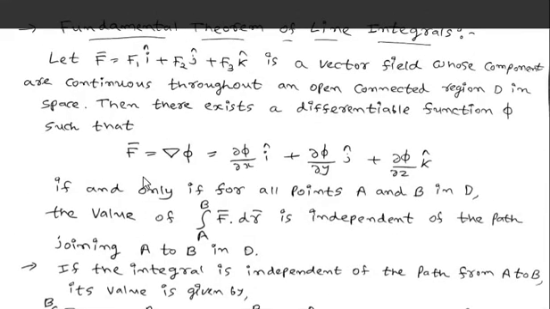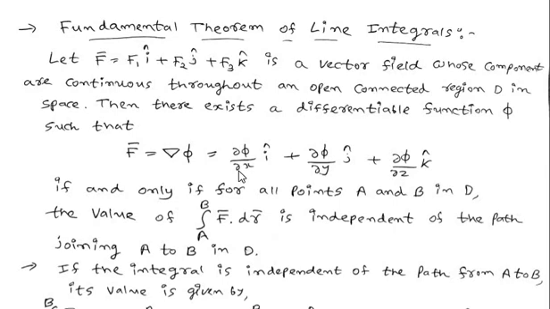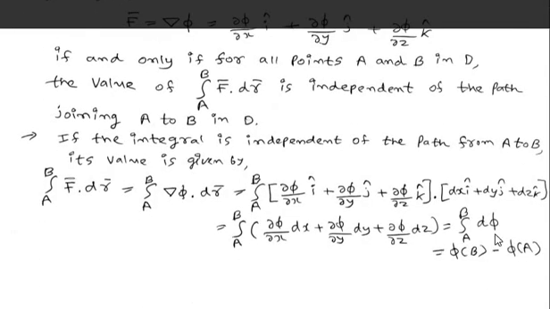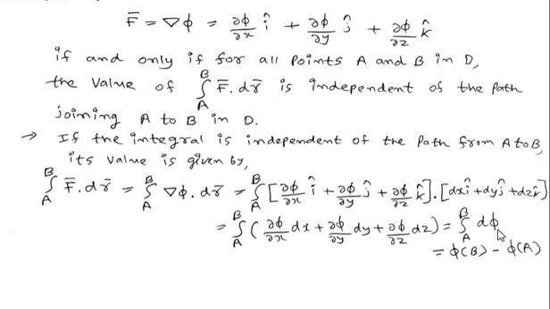First of all, you have to find the scalar potential function phi with the help of the condition f bar equals nabla phi, right? And then you have to solve the integration from a to b of d phi, that equals phi b minus phi a.